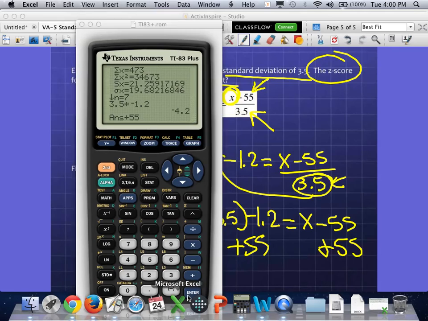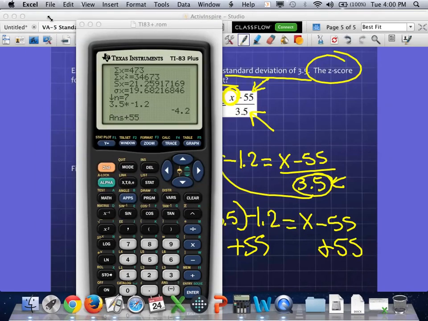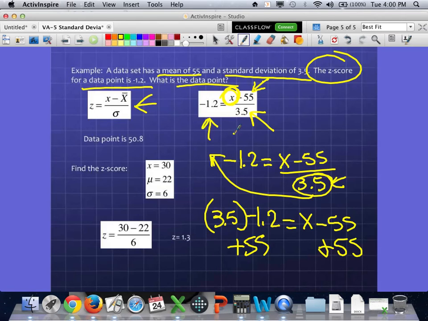You get, whoops, not that. Wrong button I pushed. Enter. You get 50.8. So the data point would be 50.8. Okay, so you're just going to take the information and plug it in and solve for x when you're doing z-scores. All right, so let me erase some of this out of the way.